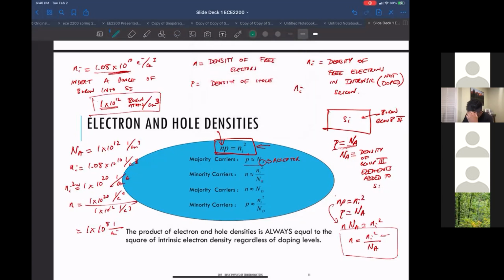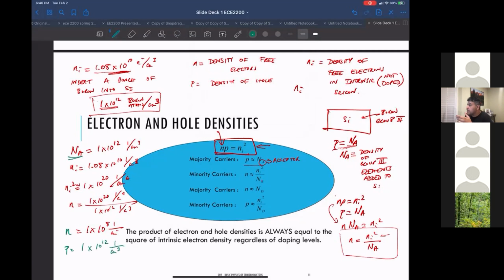P, which is equal to n sub A, is 1 times 10 to the 12th per centimeter cubed.